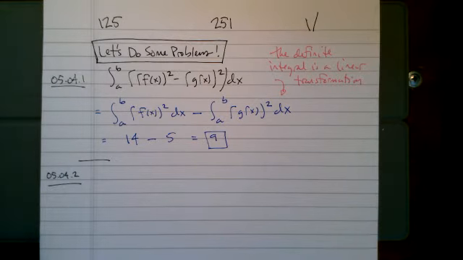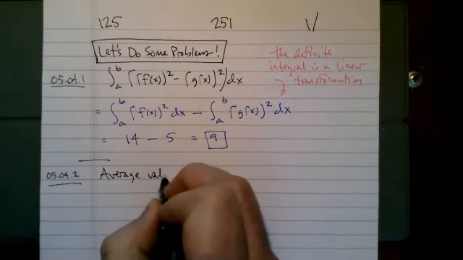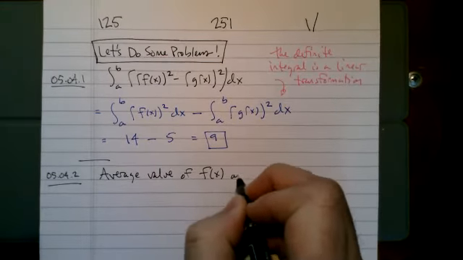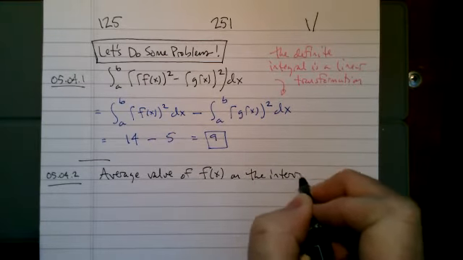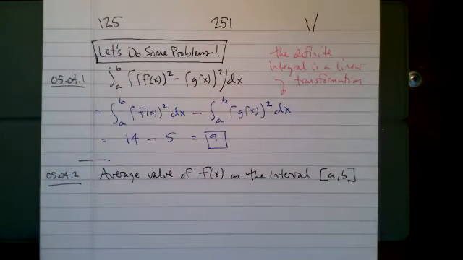Question 2 is a question about average value. So question 2 is the average value on the interval from a to b.